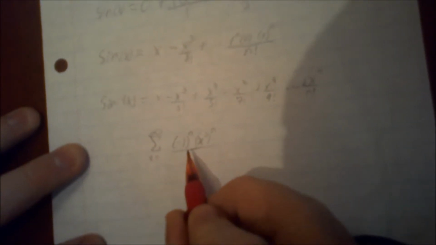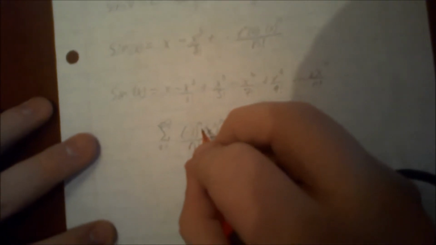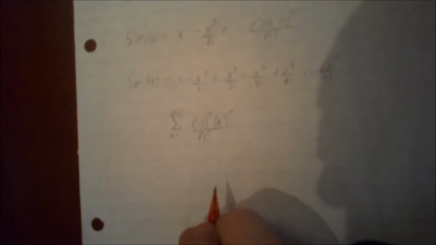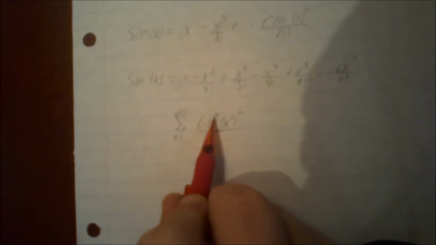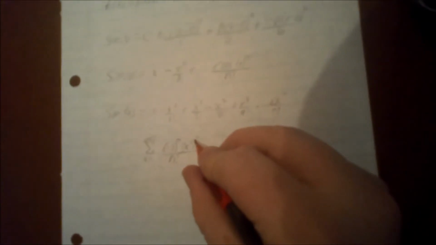So, we're going to go over n factorial. But now, we look at the first term, and we notice the first term has to have a positive sign, which means this n has to be even, or 0. But when you look, when n is 0 here, you have x to the 0, which is 1.